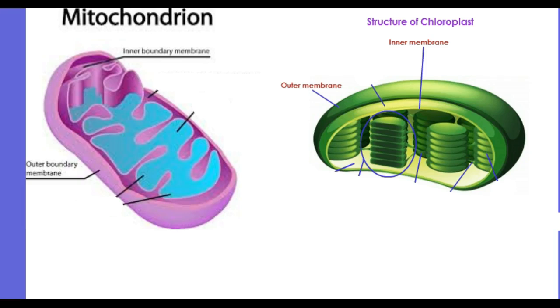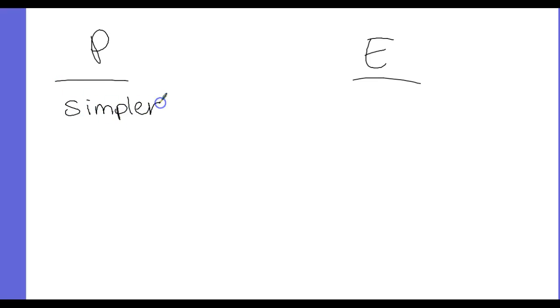Do you guys remember when we talked about prokaryotes and eukaryotes? Can anyone remember a difference between the two? One is simpler, right? So the prokaryote is simpler, and the eukaryote is more complex, okay?